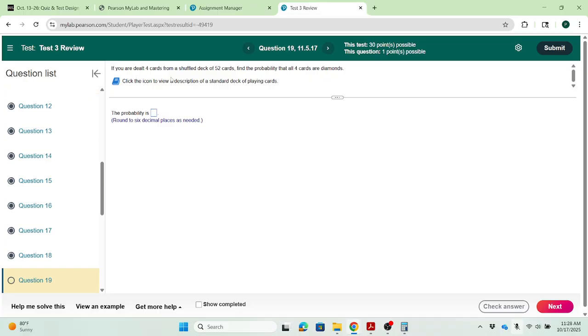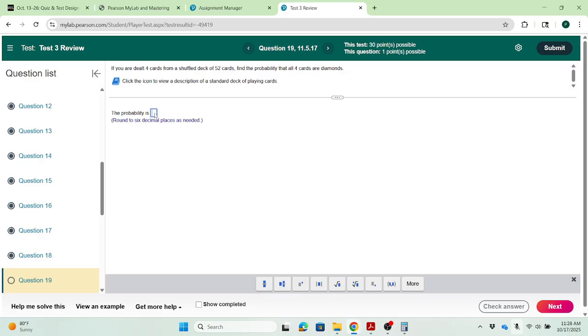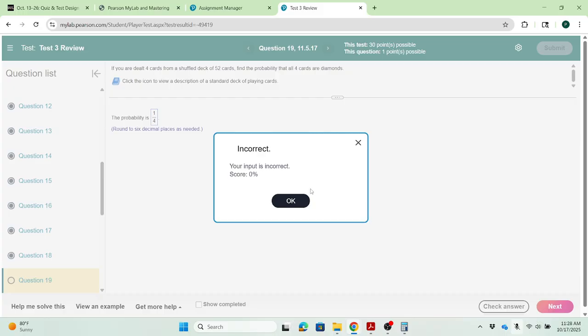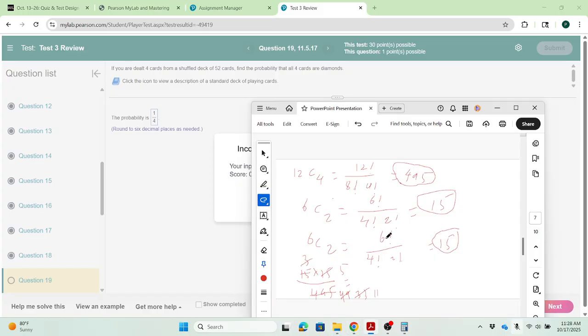If you are dealt 4 cards from a shuffled deck of 52 cards, find the probability that all 4 cards are diamonds. So there are 13 diamonds out of 52 cards. What is the probability? Probability is 13 out of 52, which is 1 out of 4. If you simplify that, what happened? What did I do?